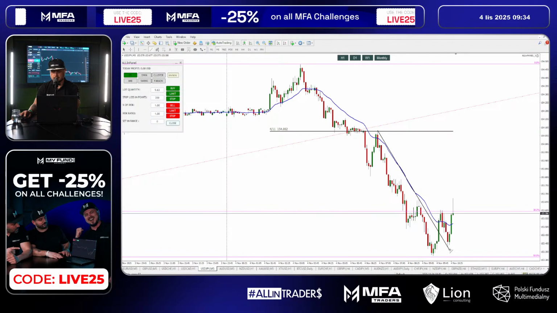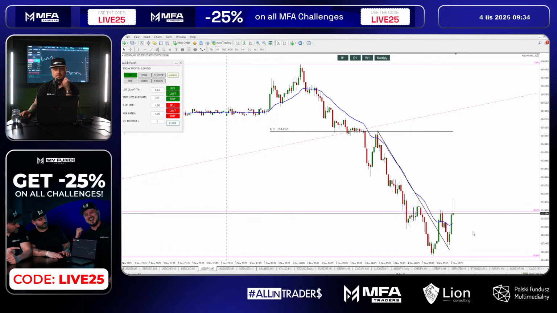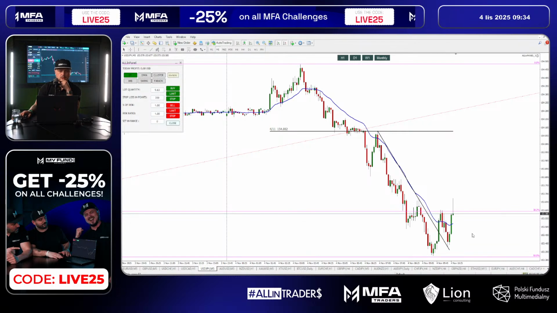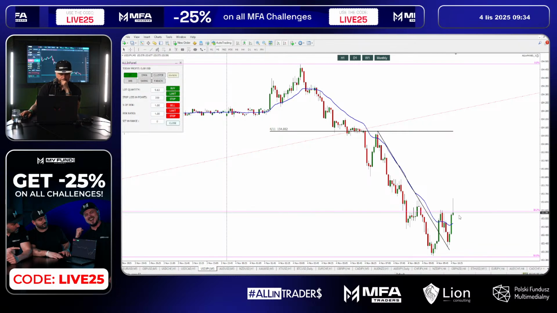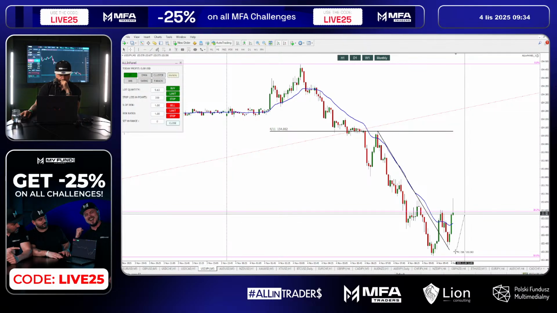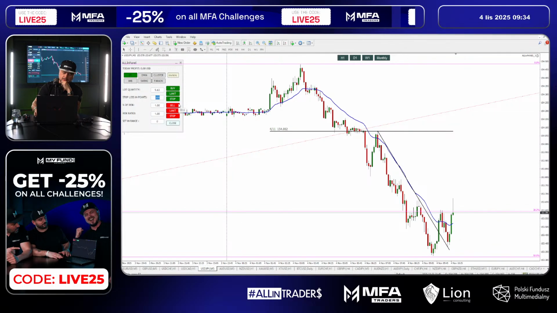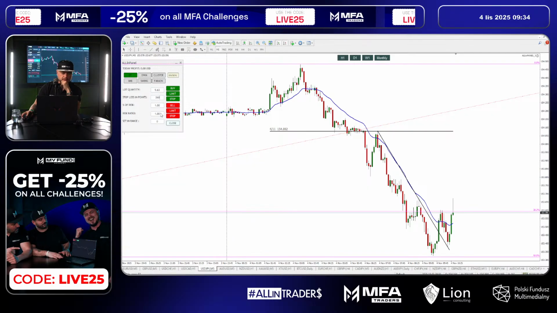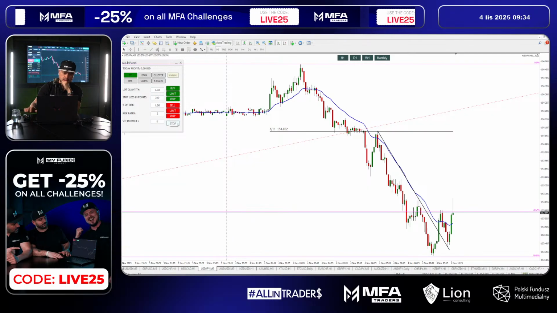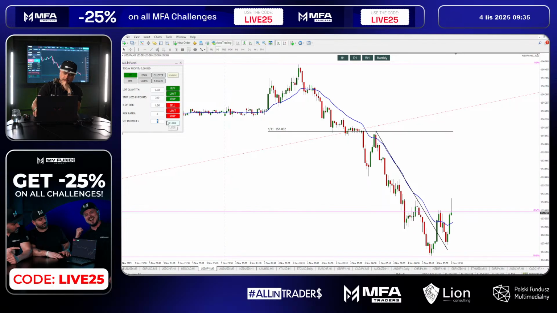Oh, this is looking good. This is looking good. 26 pips. Stop loss 26. 1, 2. Setting range about 20.